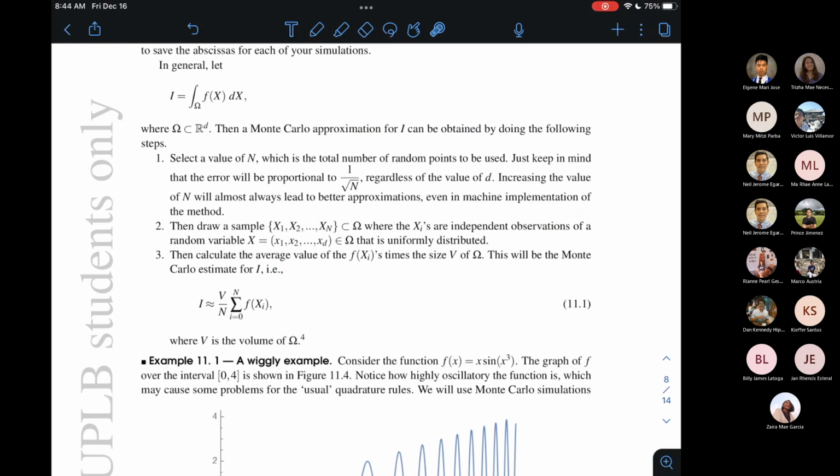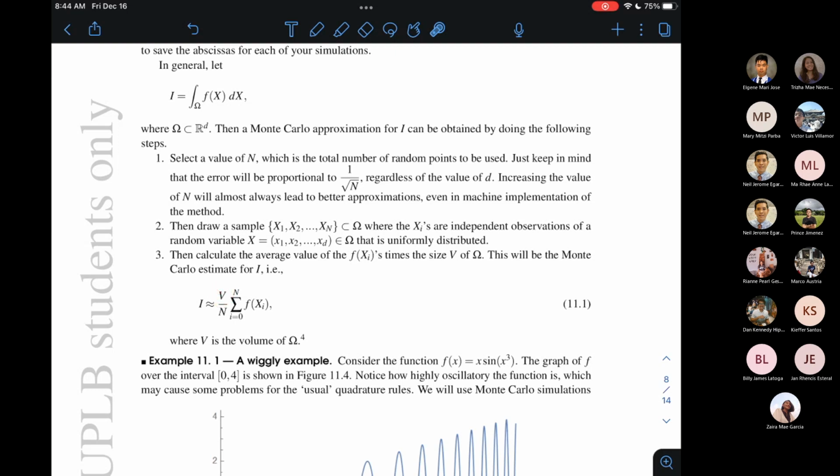So the formula that we're using is 11.1. So you get the function value times v, which is the volume of omega, right? When omega is just one-dimensional, then v is just the length of omega. If omega is two-dimensional, then v is just the area of omega. Tapos pagka three-dimensional and so on, volume pa rin yung tawag natin doon.